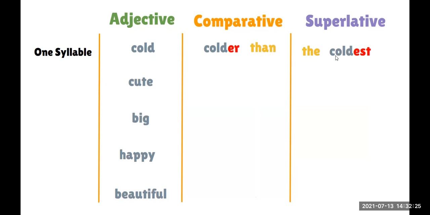But in this one, we are comparing El Alto with the rest of the cities that we have in Bolivia. Okay? Teacher. Yes? Para decir la más alta, the highest. The highest. Very good. So then we have this one, cute. When we have an adjective, how many syllables do we have in cute?